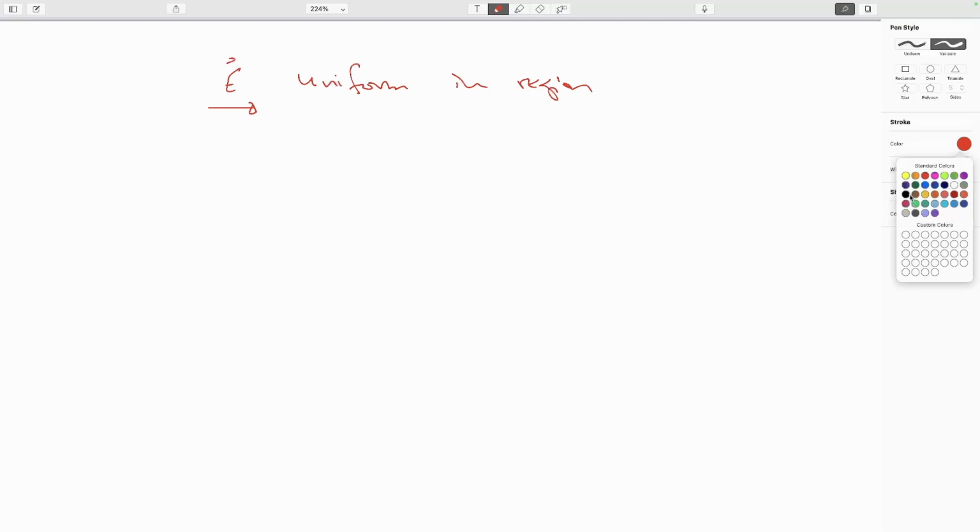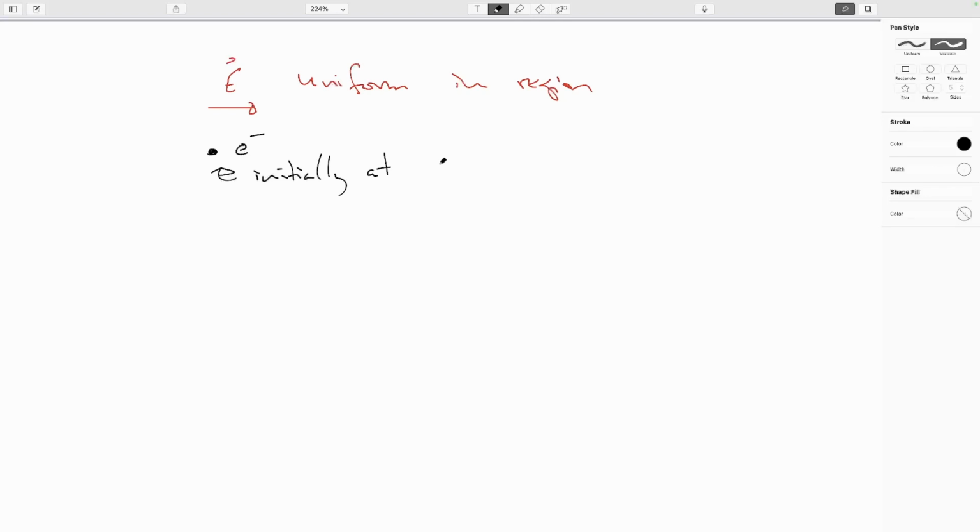And then I will release an electron, initially at rest. Let's let it travel a millimeter. So the electron will feel an electric force.